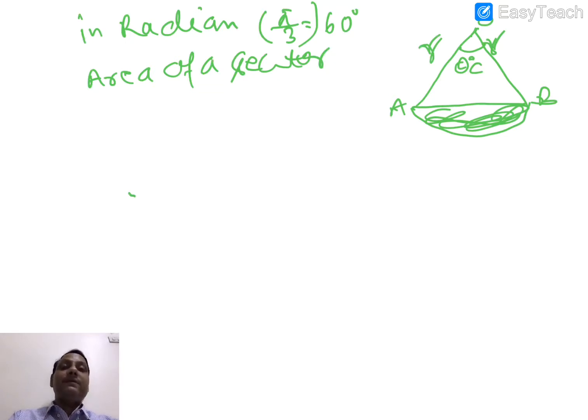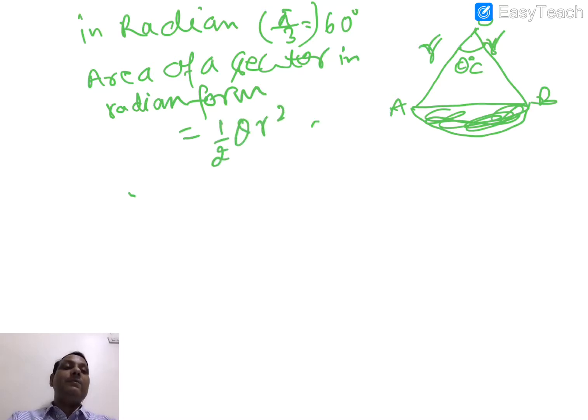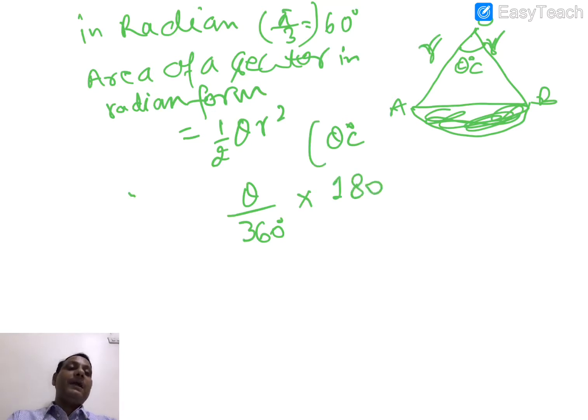So area of a sector in radian form: you have to do half theta r squared, where theta is in radian. Why does this happen? As you know, theta over 360, and here radian means 180 over pi, and you know the area of the circle is pi r squared.